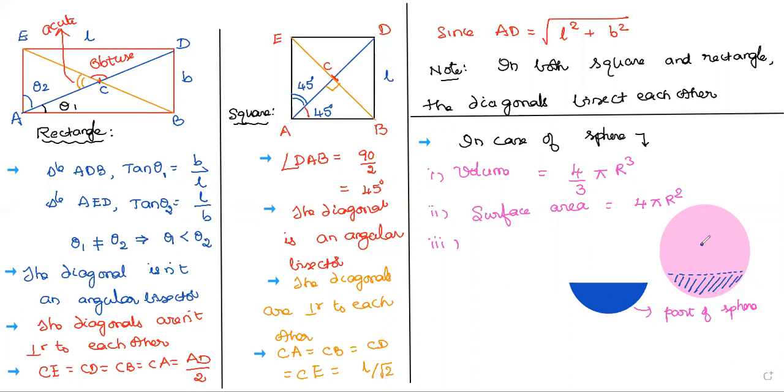Suppose this part of sphere, not hemisphere, has the center somewhere here, and from the center to any point on the surface, if you draw a line, it is the radius. Theta by 360 into pi r square.